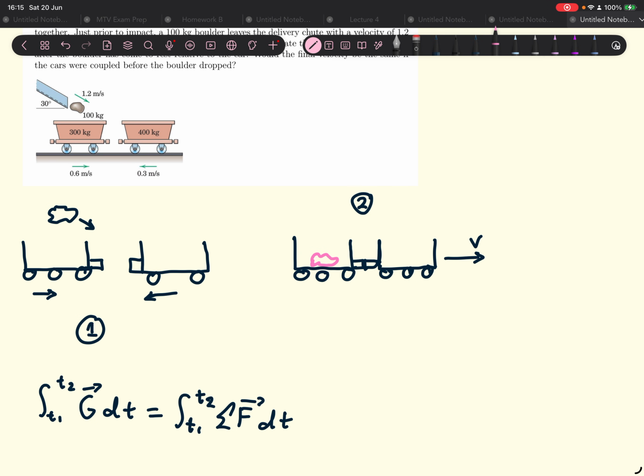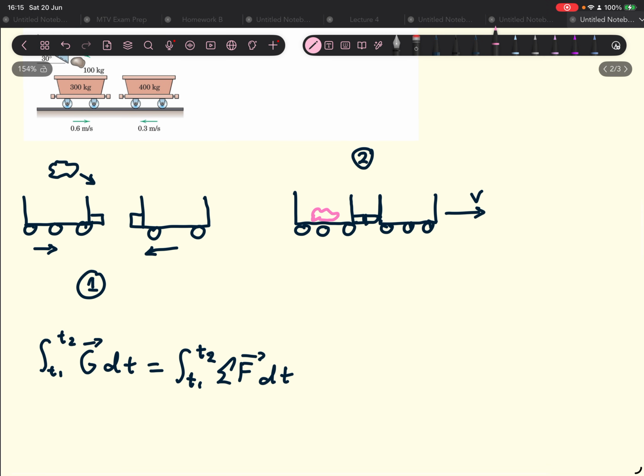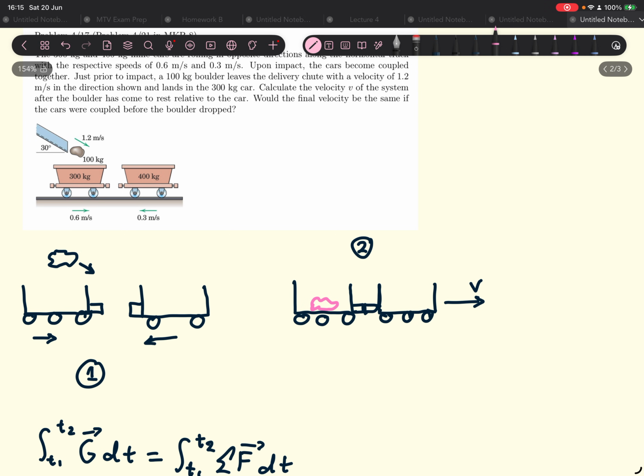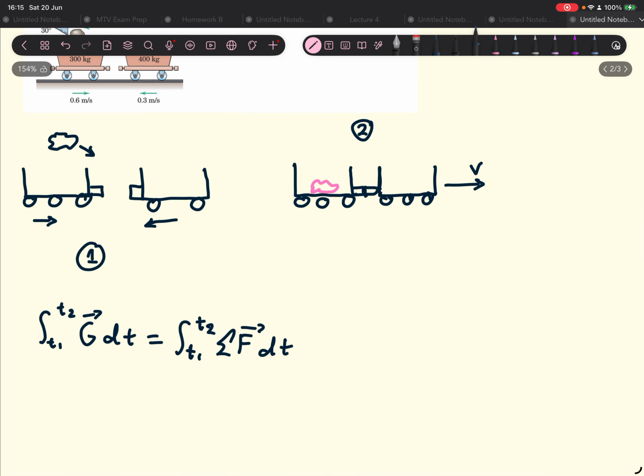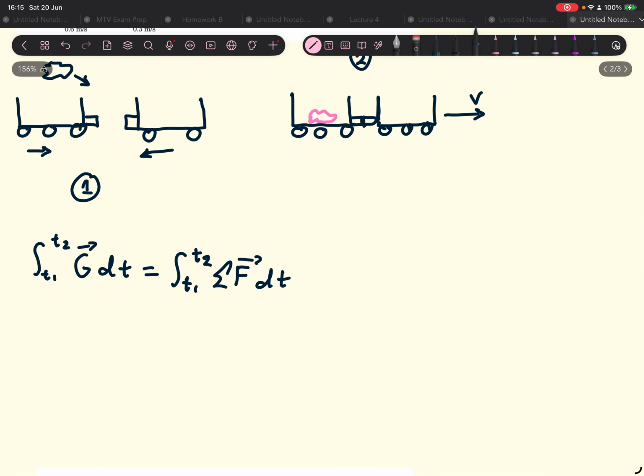So for the sum of forces in the x, however, there aren't any forces acting in the x direction. There's no resultant force that's pushing this one that way. There's no resultant force that's pushing that one that way, right? We aren't told anything like that. So we can safely assume that the sum of forces in the x direction is going to be 0, right?